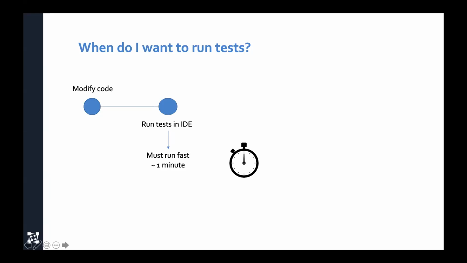The problem is, as you start building more and more tests, and we'll talk a little bit more about the types of tests as well, that time window is stretched. So often folks will start to use something like a commit suite. In essence, a small set of smoke tests that you can use to validate that you're not breaking any critical functionality, and then go ahead and commit into source control and leverage your CI to run the full test suite.